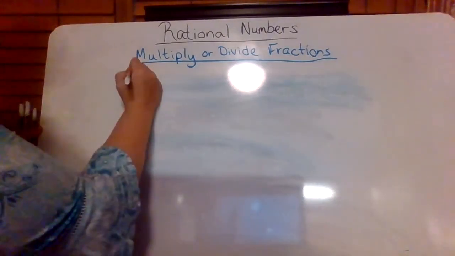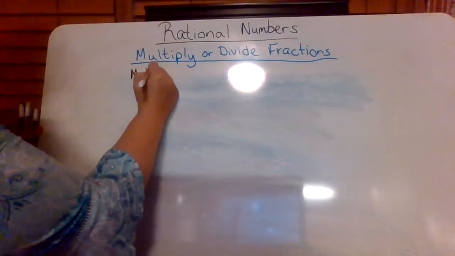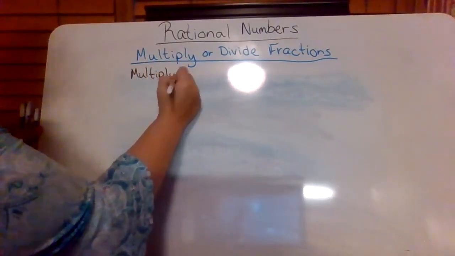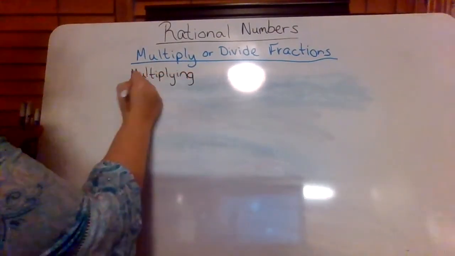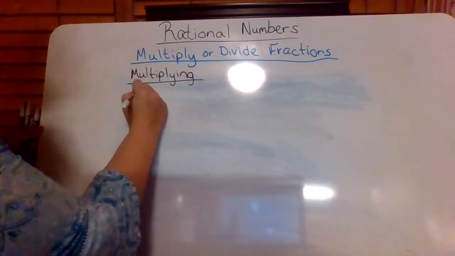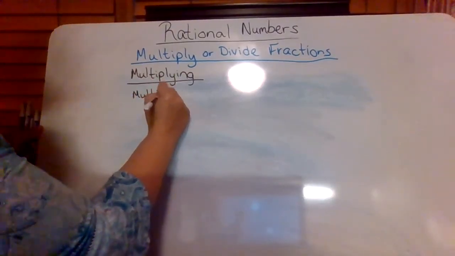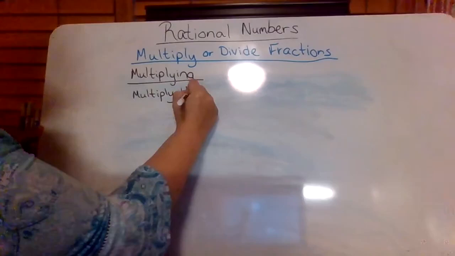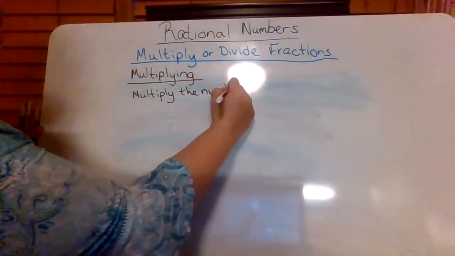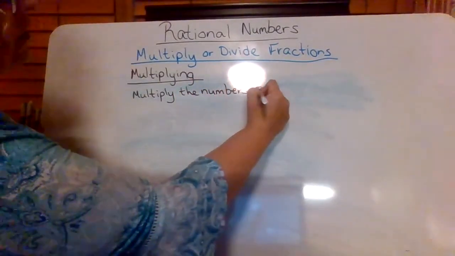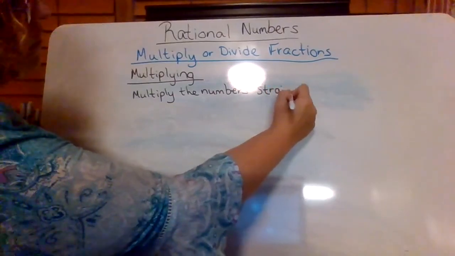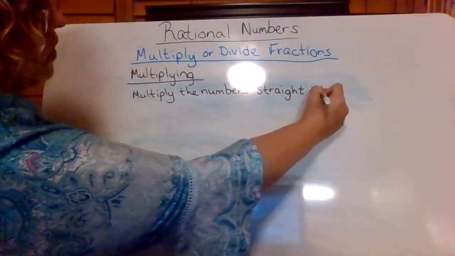So when you're multiplying, you literally multiply the numbers straight across.